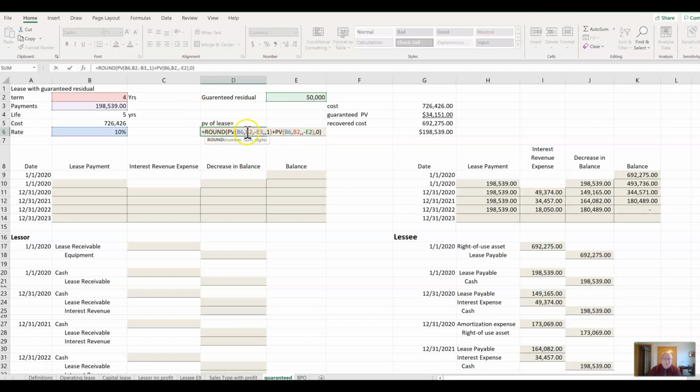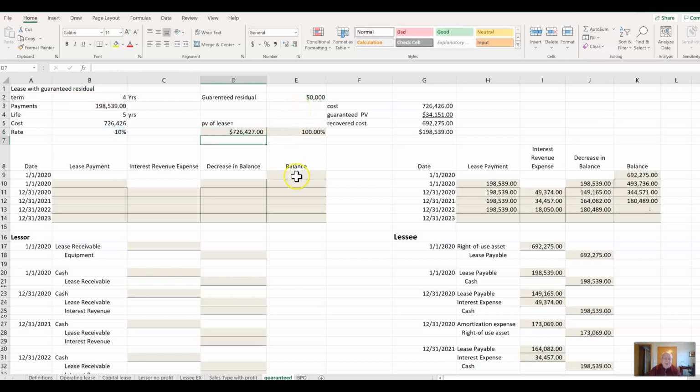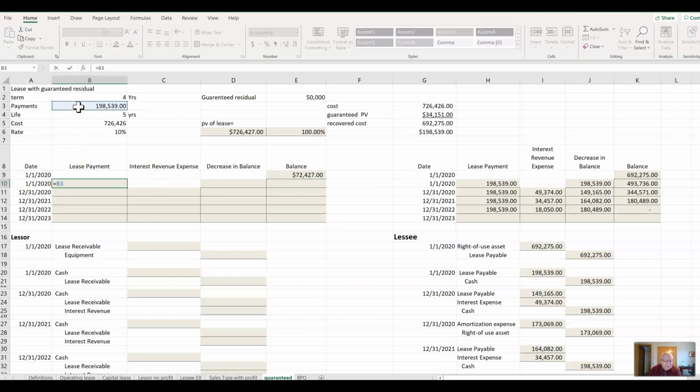This is the present value of the lease payments, and then this is the present value of the guaranteed residual. The two added together is what we put in here for $726,426. That's our starting place. And then this is going to be the same as we had before for the payments. So that won't change anything.